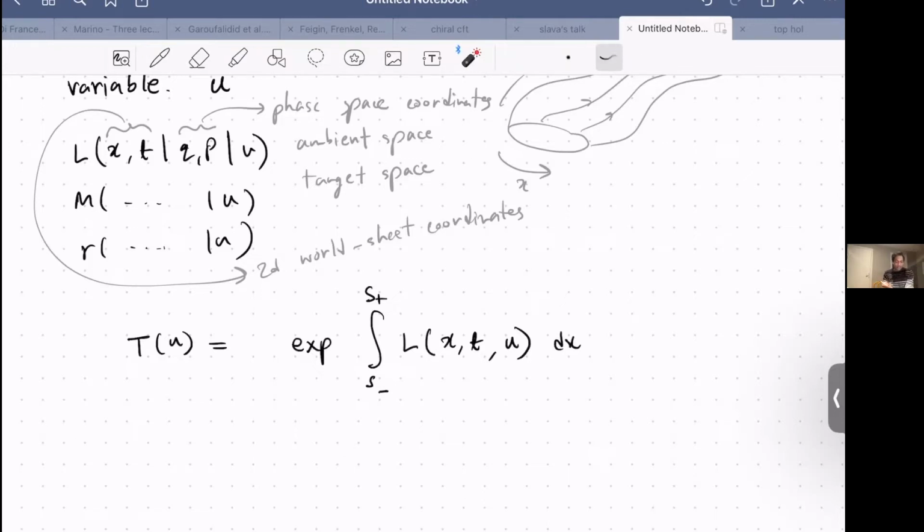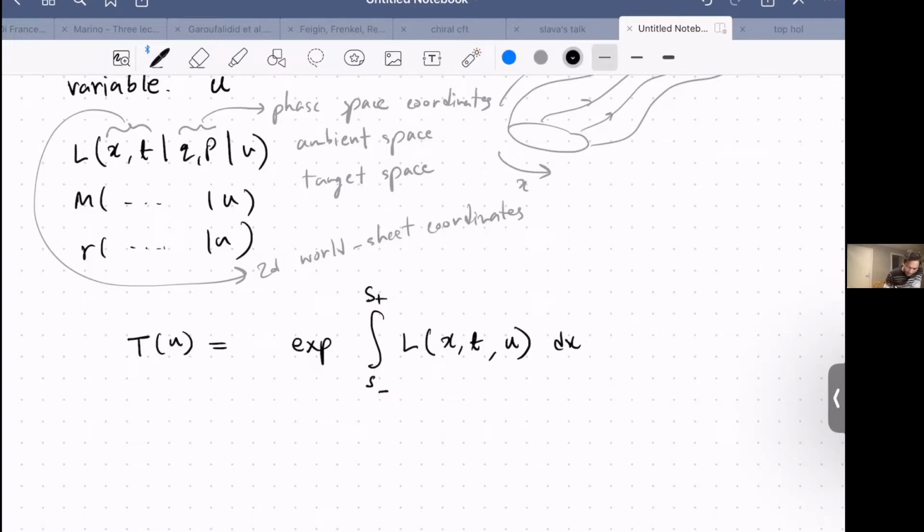Let me explain what this is. This L is the same as this L, so here I'm hiding the dependence on the phase space coordinates, and I'm integrating over the x coordinate. S minus and S plus are just two arbitrary values that I have chosen for this integration.